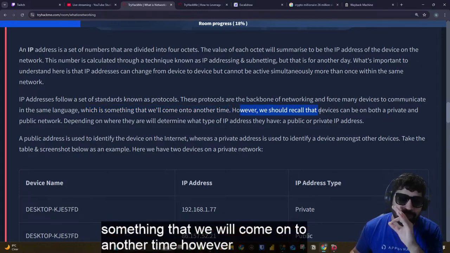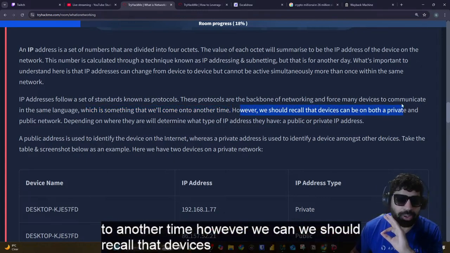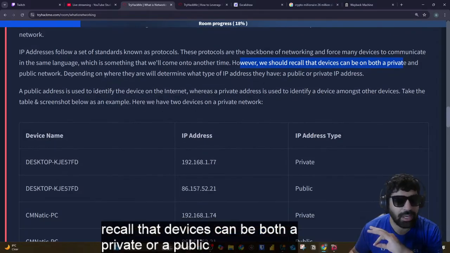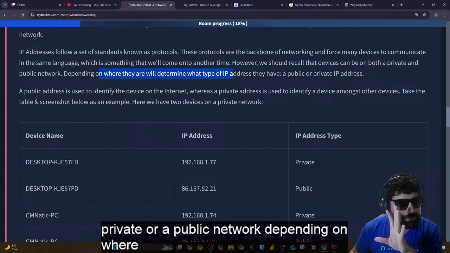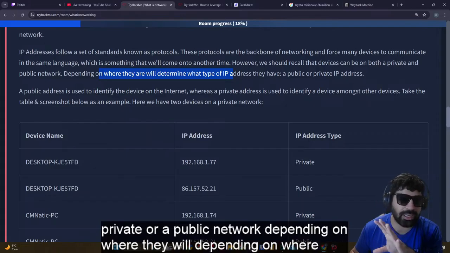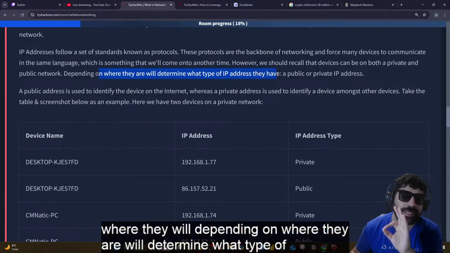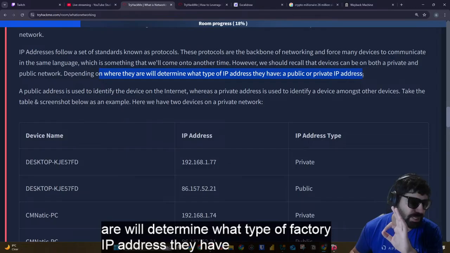However, we should recall that devices can be on either a private or a public network, and depending on where they are will determine what type of IP address they have, a public or a private IP address.